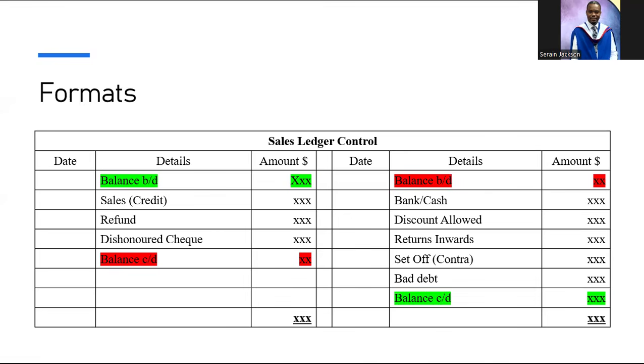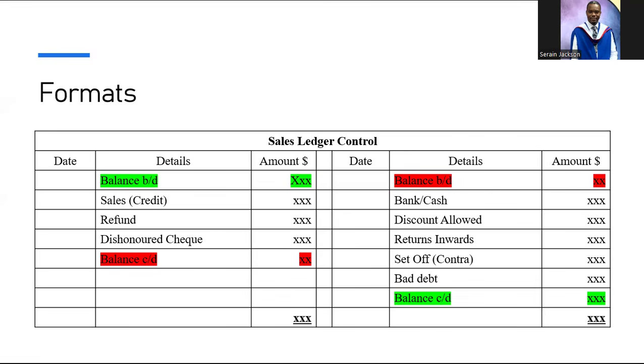So the balance brought down is normally on the debit side, and the balance carried down is always on the credit side. Well, not always, most times. You will realize that I also have a balance brought down on the credit side, highlighted in red, and the balance carried down on the debit side, also highlighted in red.